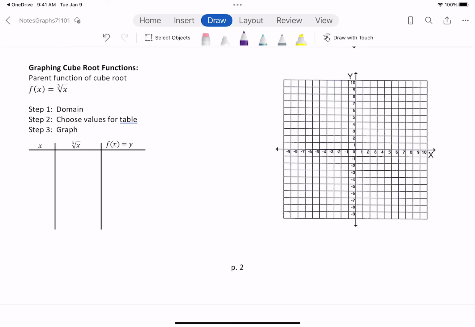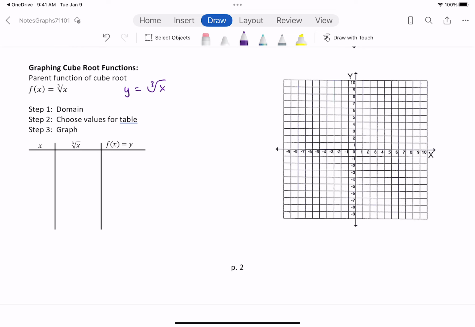So if we look first at the parent function of the cube root, again, the parent function just means that we don't have any shifts. The domain for this one, with the square root, we got into trouble because we can't take the square root of a negative.